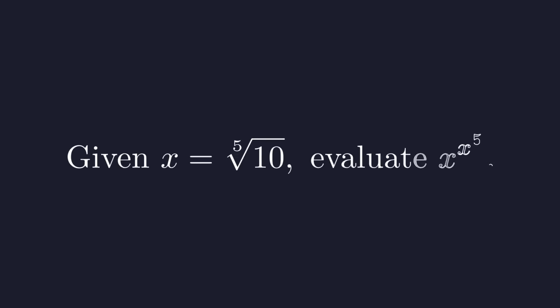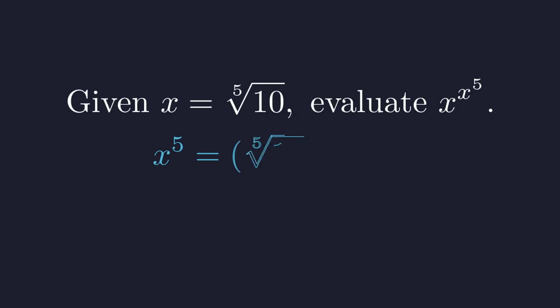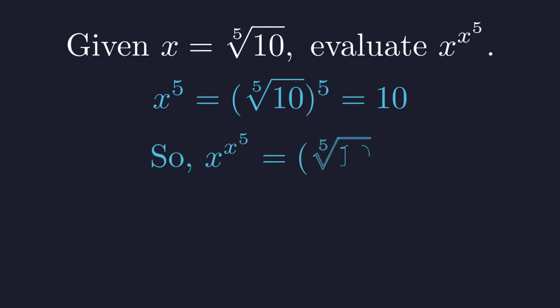But let's quickly verify this by plugging it back into the original equation. So if x is the fifth root of 10, we want to see what x to the power of x to the fifth is. First, let's look at the exponent, x to the fifth. That becomes the fifth root of 10 raised to the fifth power, which just simplifies to 10. Substituting that back in, our whole expression becomes the fifth root of 10, all raised to the power of 10.